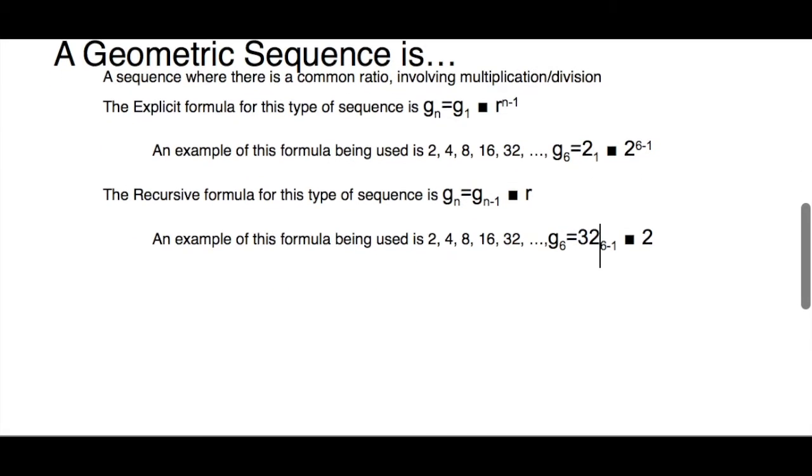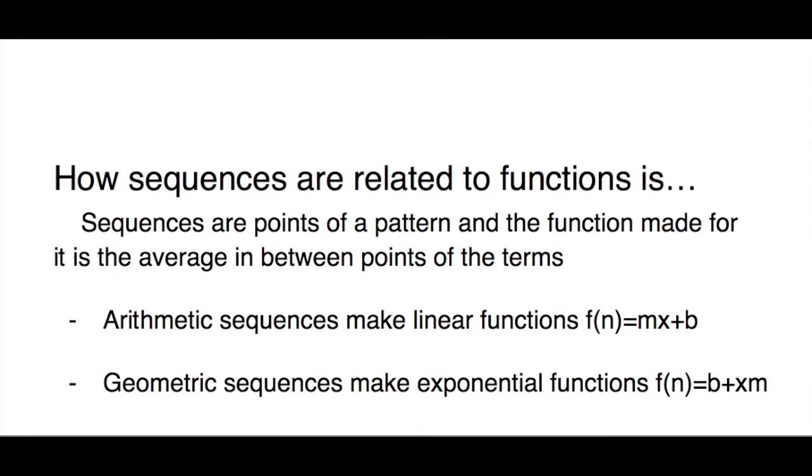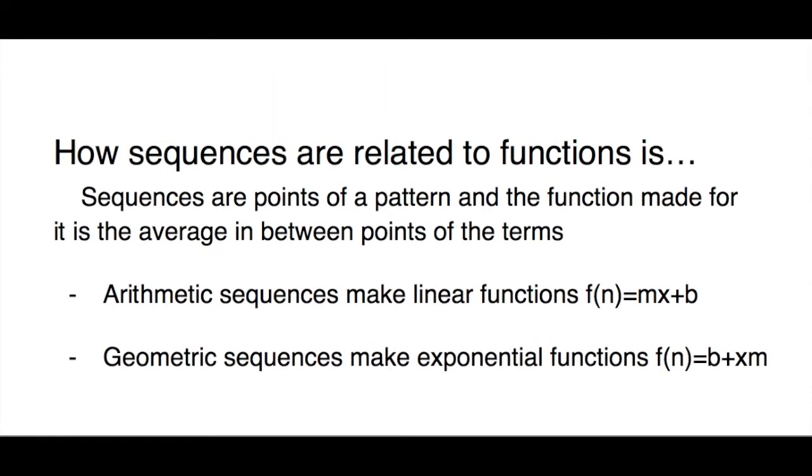Now, on to how sequences are related to functions. A sequence is just points of a pattern, and the function made for it is the line or curve in between the points of the terms. When you make the formulas into functions, you get a linear function with an arithmetic sequence and an exponential function with a geometric one.